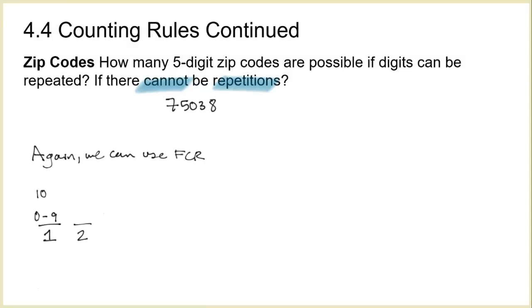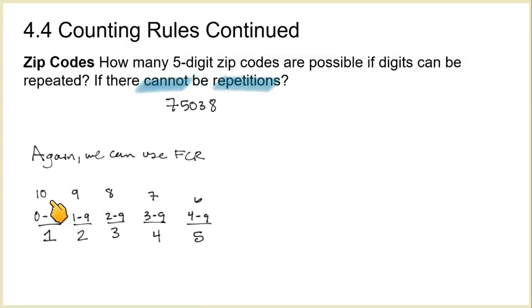However, the second digit, if I used the number 0 for my first digit, that means I can no longer use the number 0. So my second digit can be any number from 1 to 9. So now there's only 9 options. And then my third digit can be any number from 2 to 9, which means there's 8 options. And my fourth digit can be any number from 3 to 9, and then my fifth number, and so on.